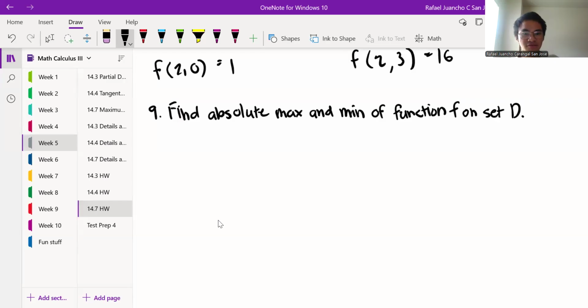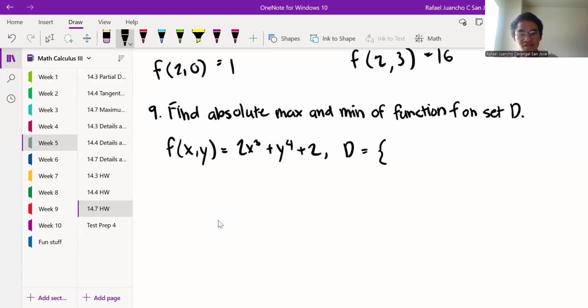So let me see. Here we have a function, f of x, y, equal to 2x cubed plus y to the fourth plus 2. Then my set D is the rule that if we're given an x, y value, my x squared plus y squared is less than or equal to 1.